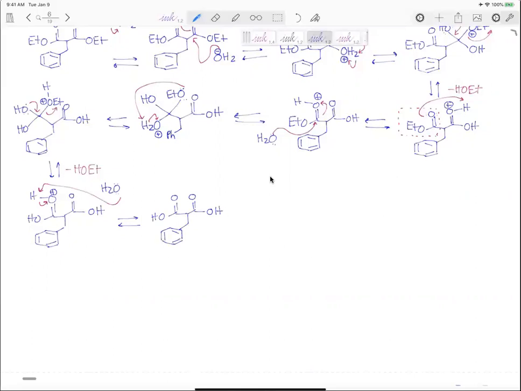Okay. So this is the decarboxylation process. And what's going to happen is your alcohol is first going to collapse down into a double bond, right?